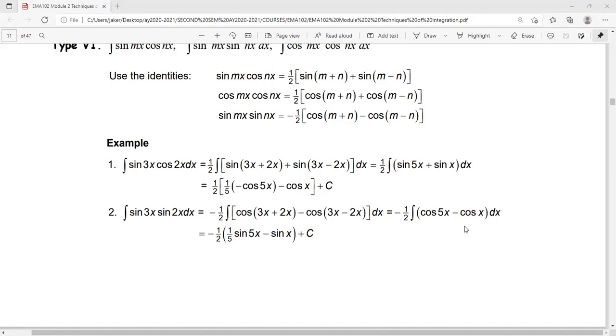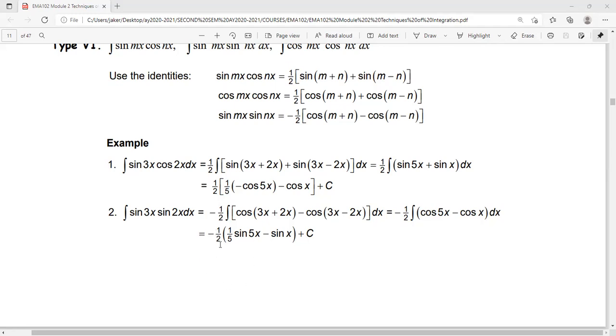Then just have this integrated. The integral of the cosine is the sine. You just need to multiply your integral in the case of this first term by 5 over 5. So you will have 1/2 times 1/5 for the first. So you will have 1/5 sine of 5x. And for this one, it's negative sine x. So your negative 1/2 is in here.